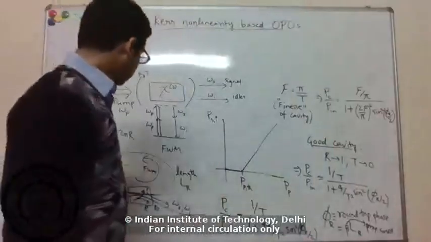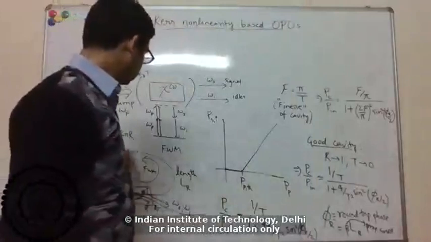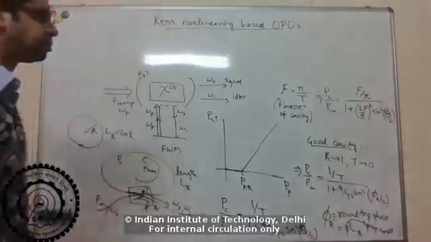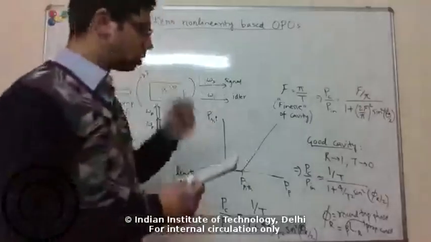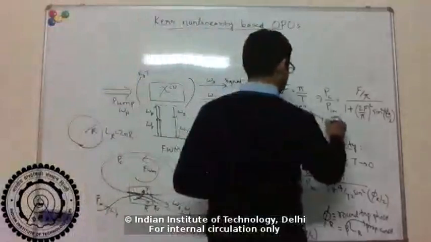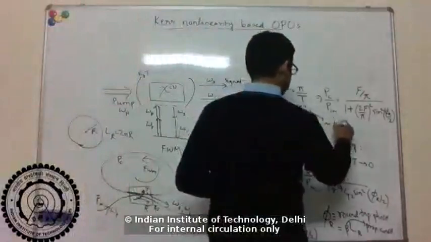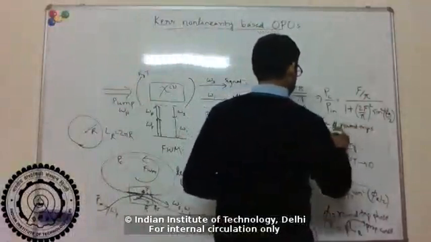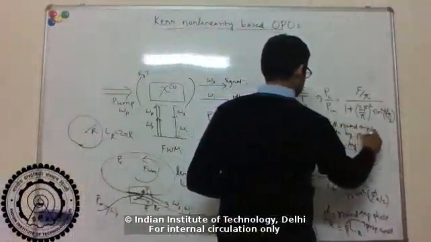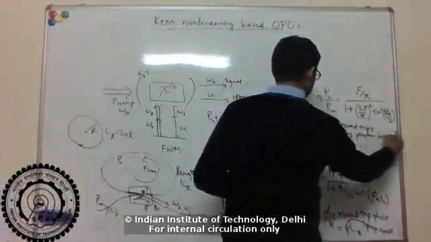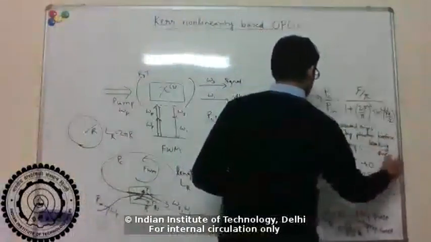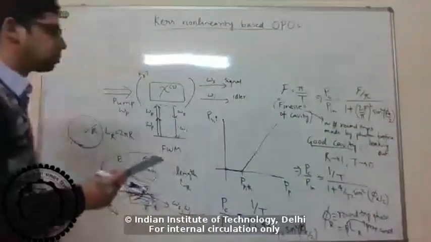And you can imagine that the more round trips it makes, the more gain it can experience, right? So this finesse is roughly the number of round trips before leaking out.